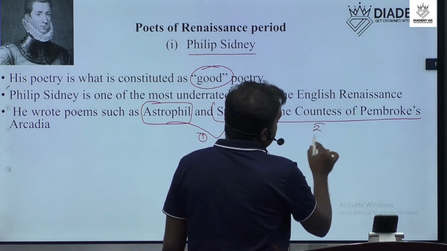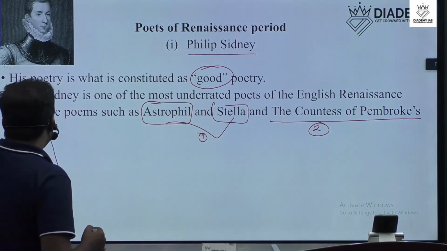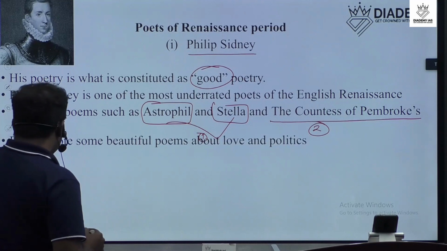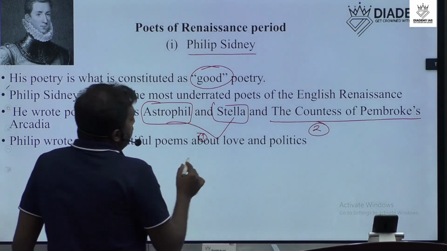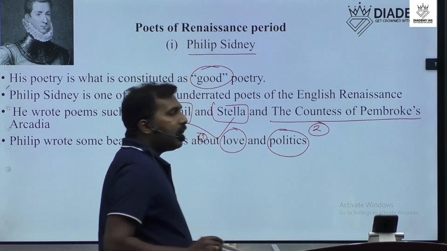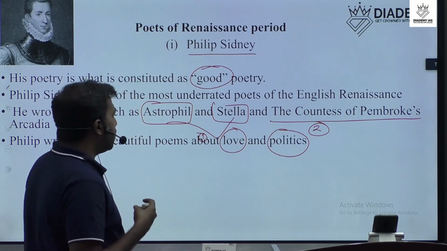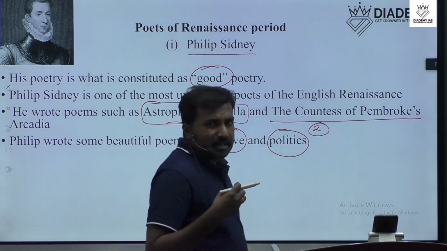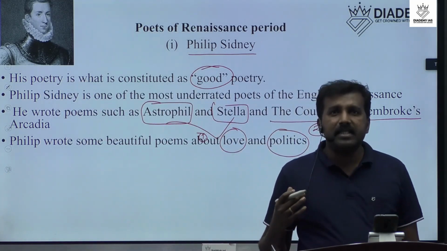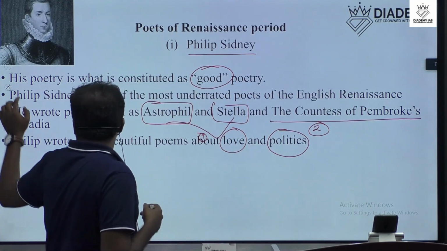These are the important poems written by Philip Sidney in that time. He also wrote poems relating to love and politics, not only based on religion and society.